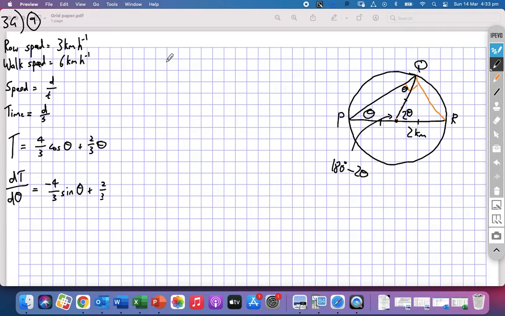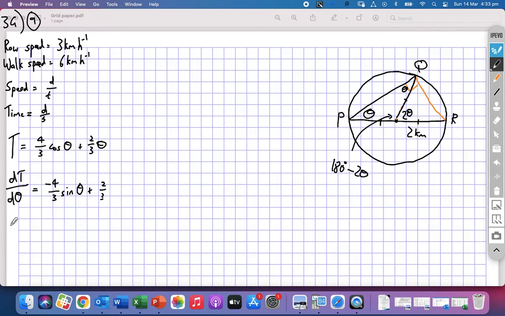Hopefully you're not going to get confused. Like if you had y equals 2/3 x, what would the derivative be? It's just 2/3, right? Yeah. So don't get confused just because it's got a theta there. It's like you're dealing with an x.